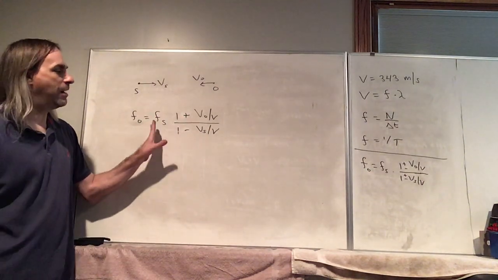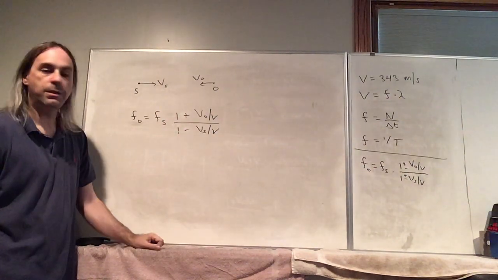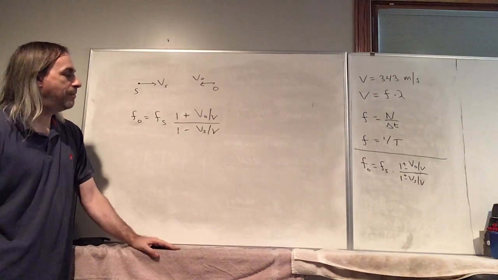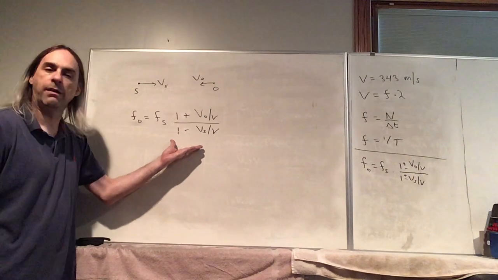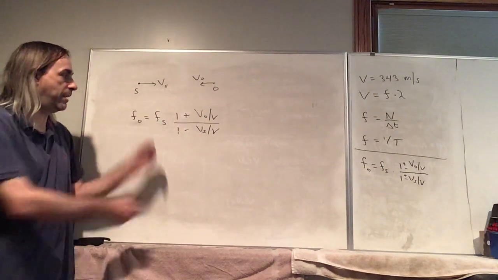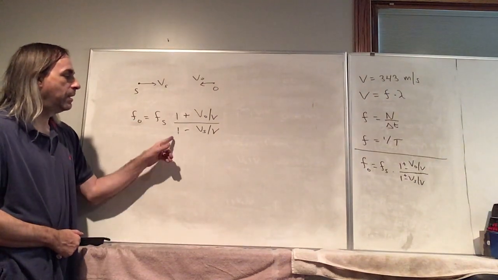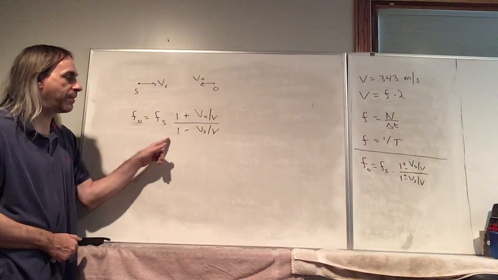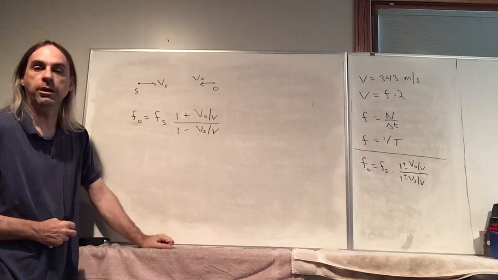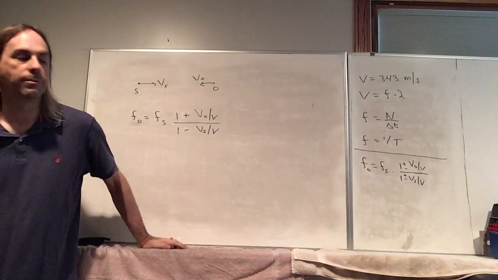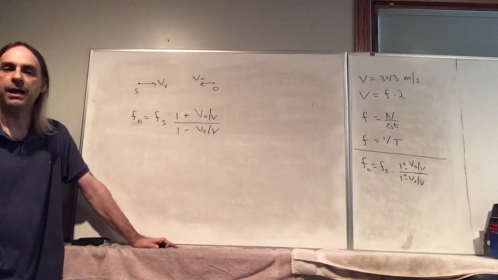That's kind of why I like the way the book does it, with 1 plus or minus, and then 1 minus, plus or minus that. Because if we pick the plus sign here, then we'd be dividing by something bigger than 1, which would make this number smaller. So if we pick a minus sign, it's easy to see from the denominator. With a minus sign, we're going to be dividing by something that is less than 1, and that'll make the frequency larger. So, yeah, you just have to be very careful about picking signs.